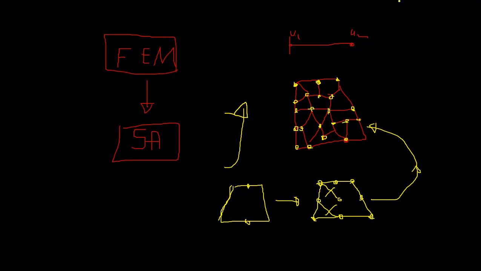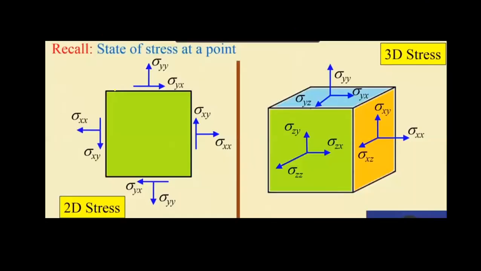things, right? And the first thing is, we can determine the stress at a point, if it is 2D or 3D, right? So if it is 2D, you have several stress components, normal stresses and shear stresses. If it is 3D, you have 3 normal stresses and 6 shear stresses, but these couples are equal with each other.